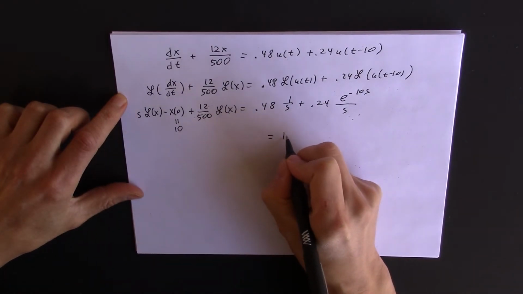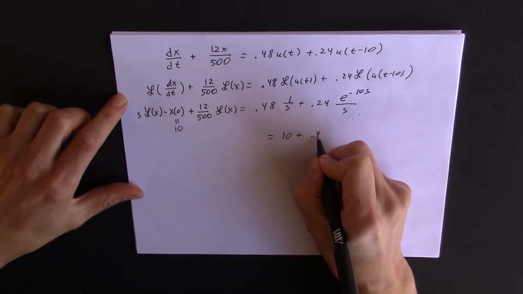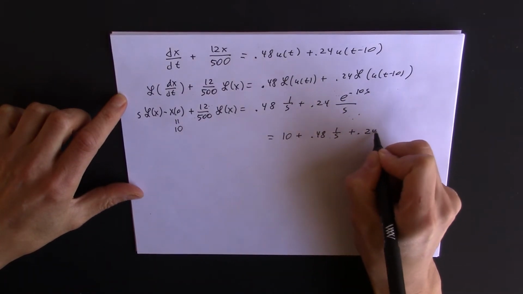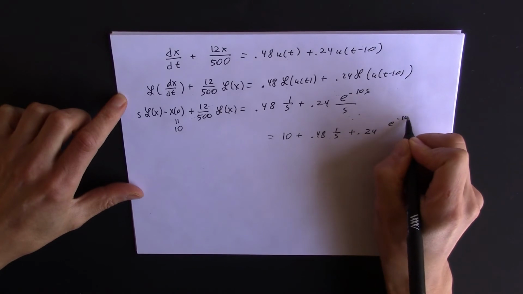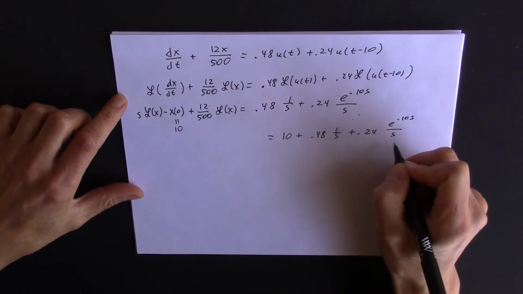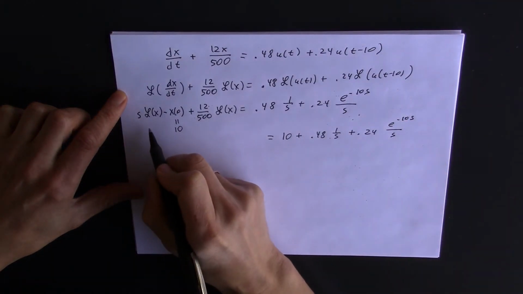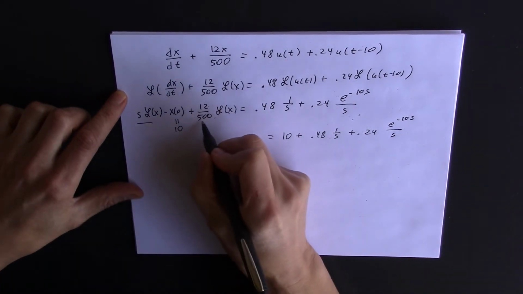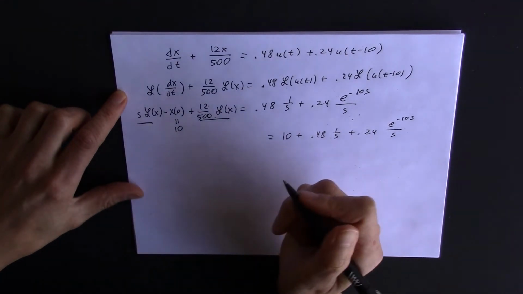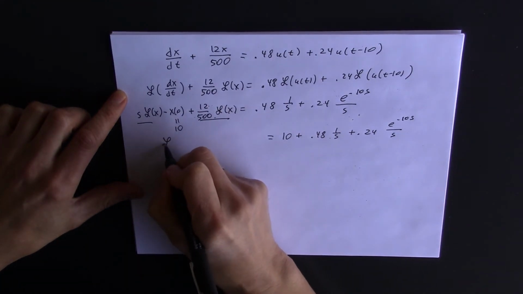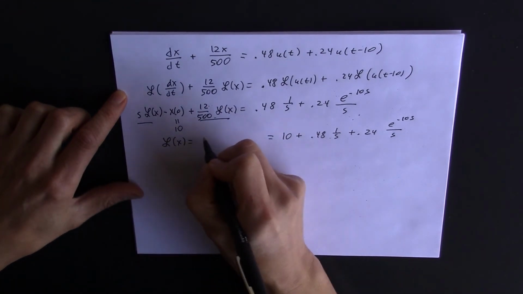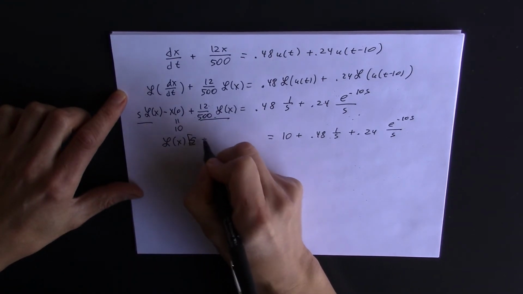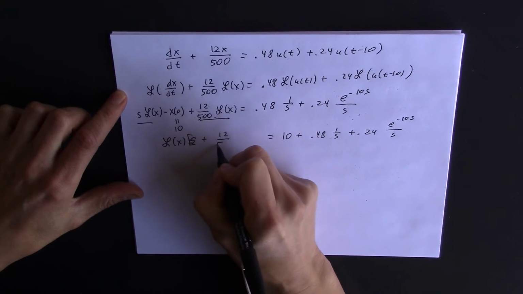So we have 10 plus 0.48 times 1 over s plus 0.24 e to the negative 10s over s on the right side. On the left side we have these two terms left, so we can factor Laplace of x out, and we get s plus 12 over 500.